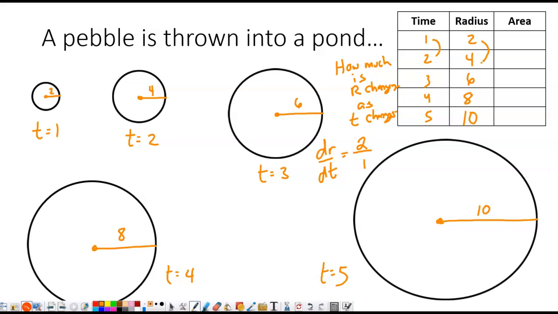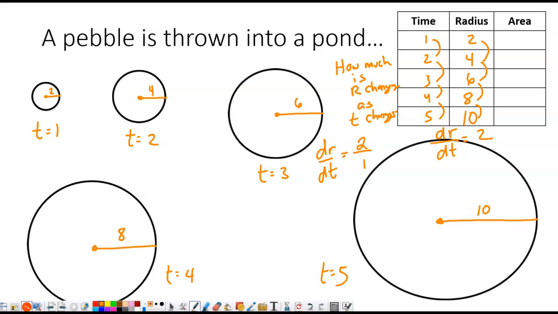Now, same thing here. From here to here, that's 2, and that's 1. So the rate of change is constantly the same. We can see that the derivative of r with respect to t is always going to be 2. R increases by 2 centimeters for every 1 second that goes by.